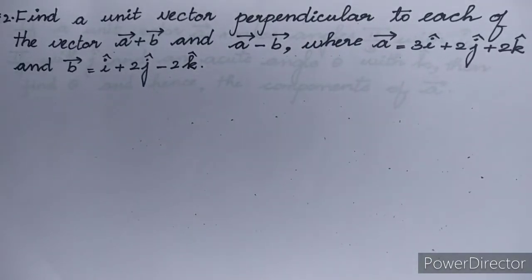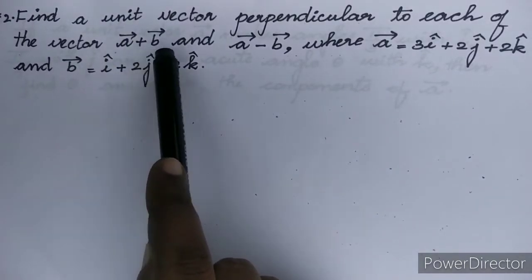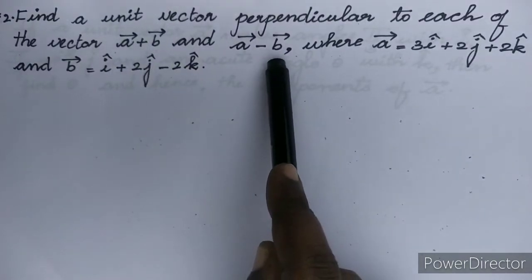We already know that a unit vector perpendicular to each of the vector A vector and B vector is given by the formula A vector cross B vector divided by magnitude of A vector cross B vector. Here it is perpendicular to the vector A vector plus B vector and A vector minus B vector.